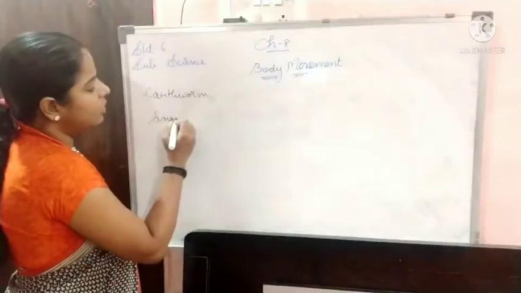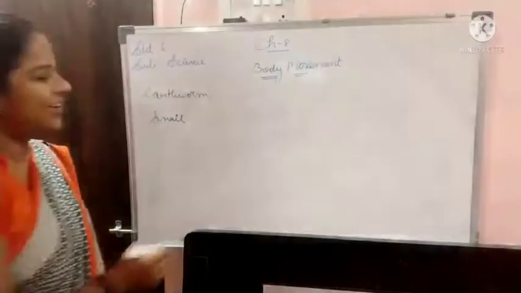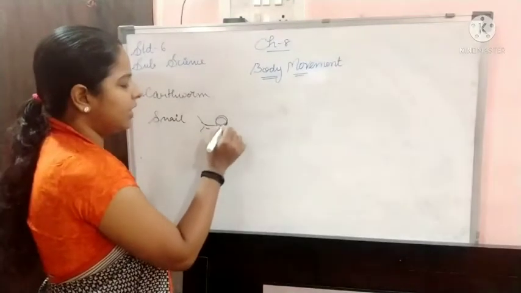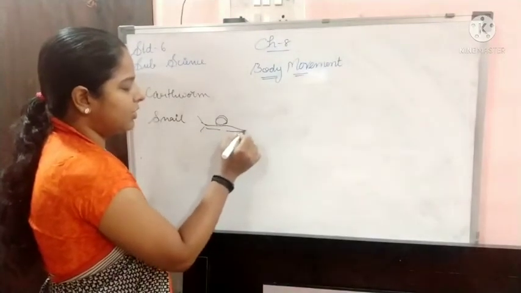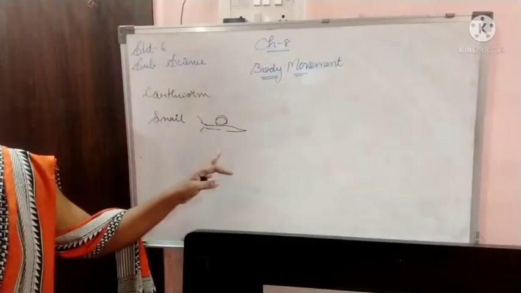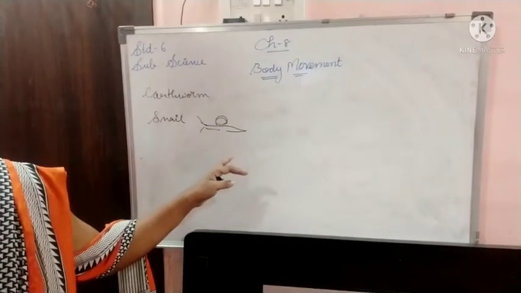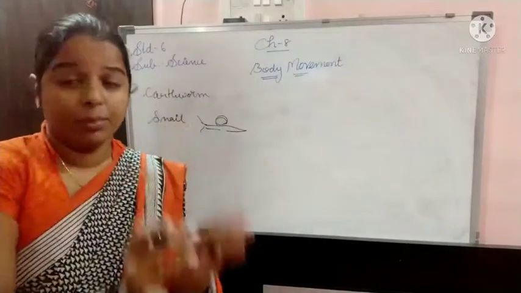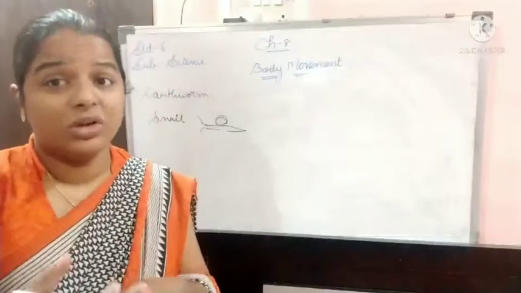When you are seeing the snail, you can see that here the head part will be there, and here the big shell, and here the tail part. Understood? This does not help in any movement. It is just present on the body of the snail. And how is the snail moving?